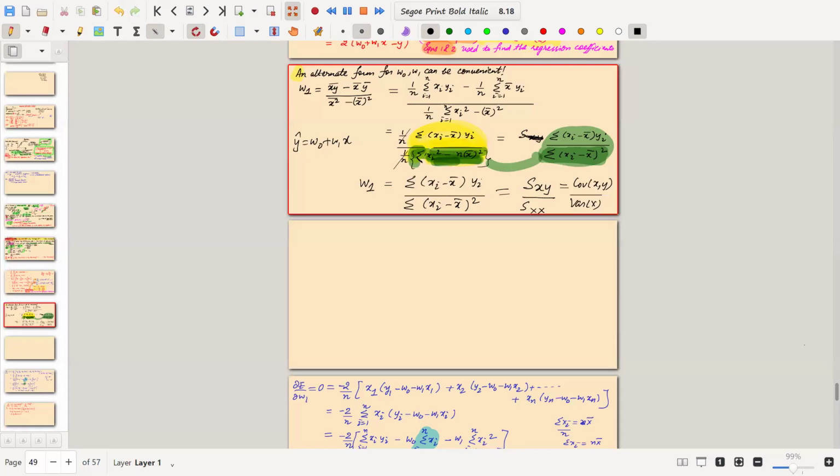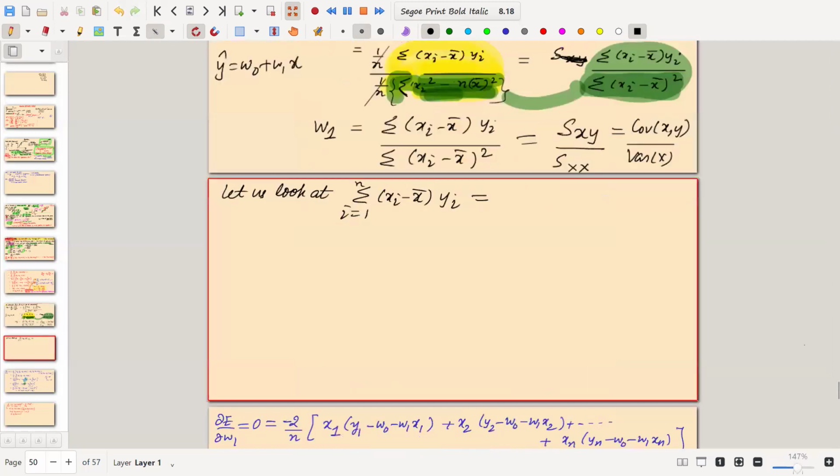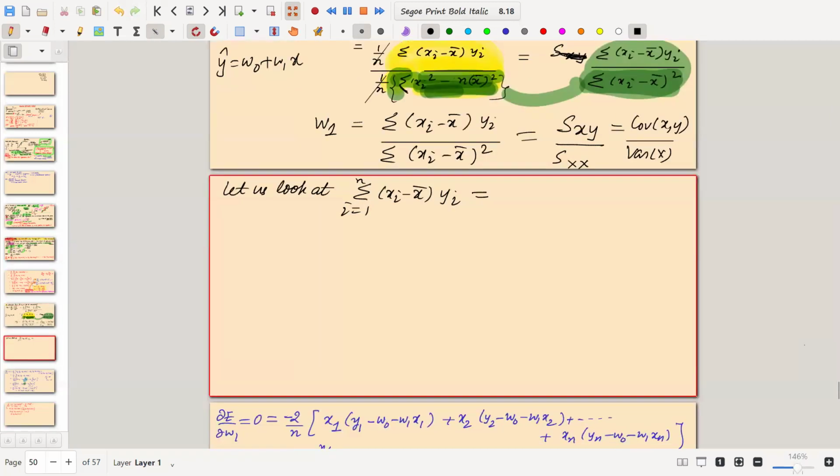So to be more clear, let us look at the expression summation i equal to 1 to n of xi minus x bar into yi. Can we work more on this to derive a better expression?